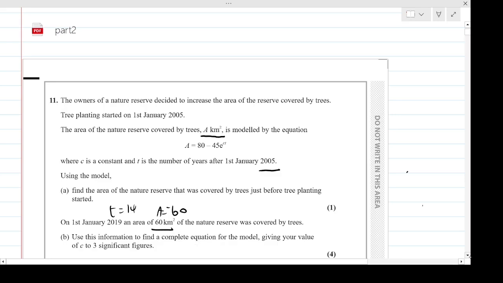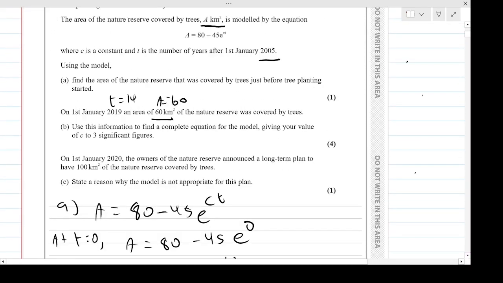Okay, there we are. Then it says on January 2020, the owners of the nature reserve announced a long-term plan to have 100 kilometers squared of the nature reserve covered by trees.